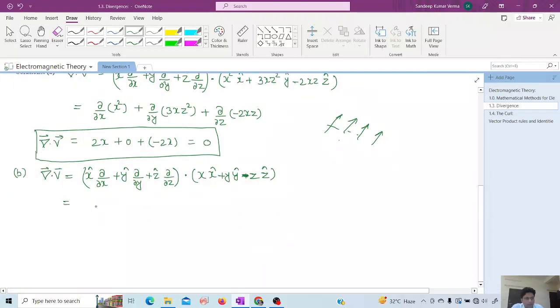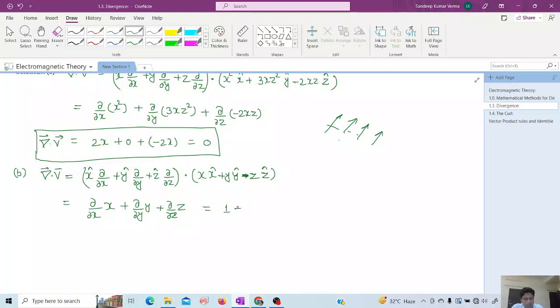So this will be del by del x of x plus del by del y of y plus del by del z of z, and this will be 1 plus 1 plus 1, which equals 3. So here is a constant divergence. Positive divergence means it diverges outside.